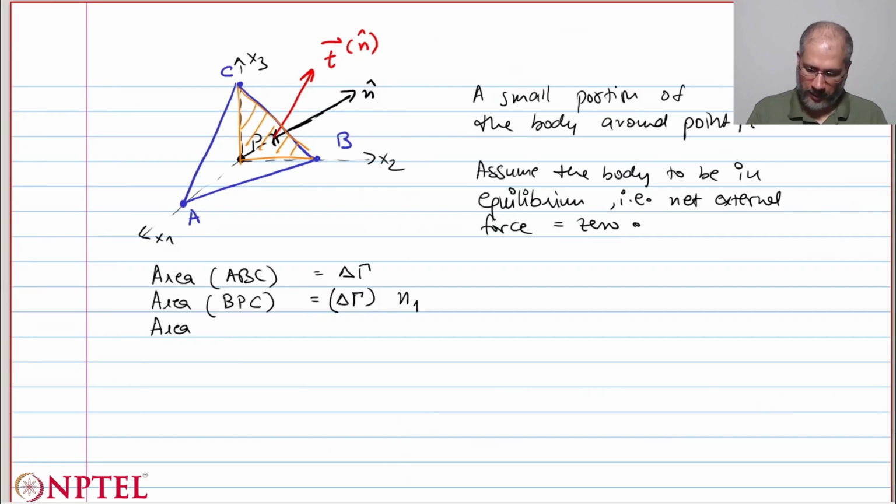Similarly, the area of the plane APC is the projection of ABC on the coordinate plane which is perpendicular to x2, which is this one. So this becomes delta gamma times n2. And similarly, the third one, the remaining one is APB, which is delta gamma times n3.